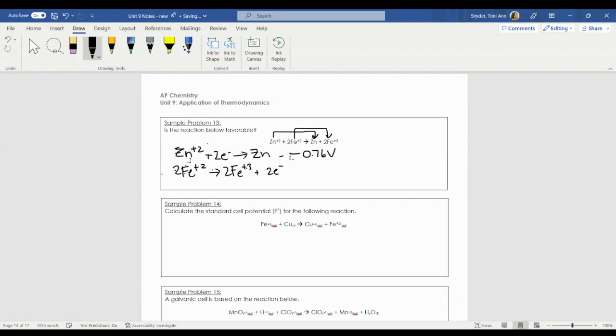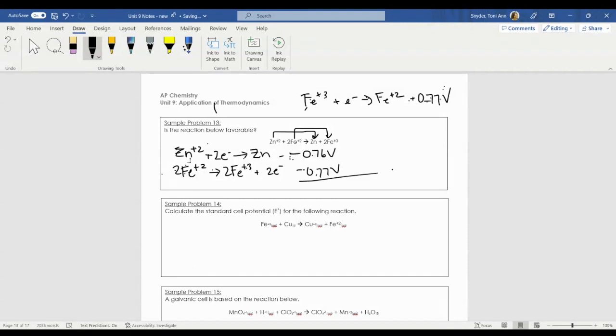Now on your standard reduction potential sheet, it lists Fe plus 3 combining with 1 electron to produce Fe plus 2. That process is positive 0.77 volts. When I flip this, the voltage is going to become negative 0.77 volts.